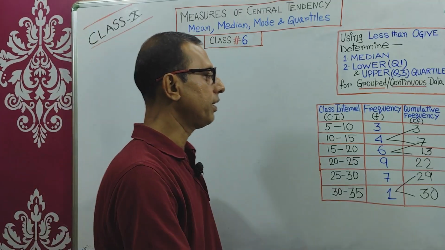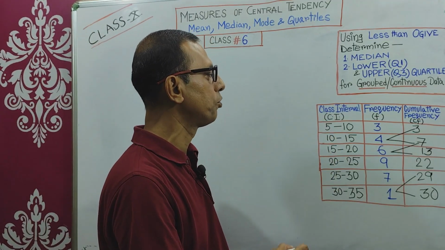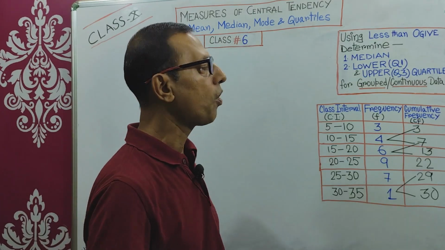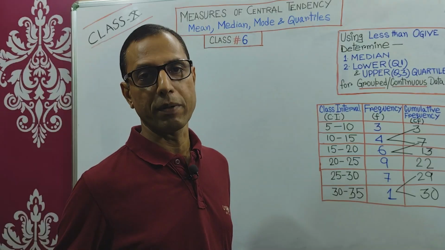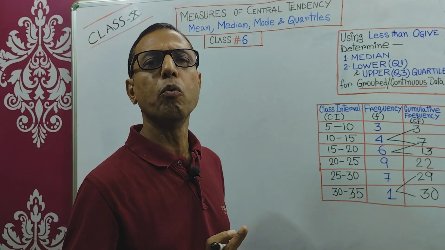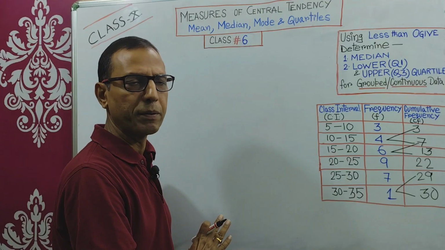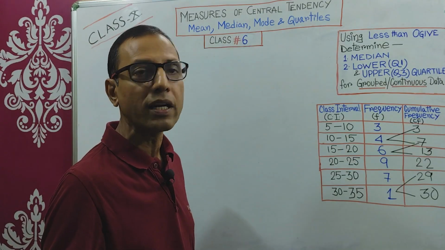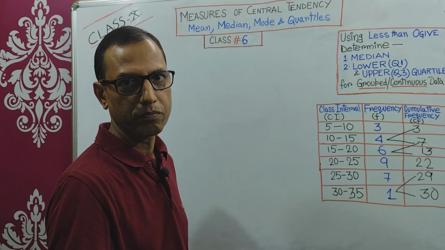So what actually does it mean? When you go for less than ogive, what you need to do? You are supposed to draw it on graph paper. There you will get the more or less exact value, but here in the class I am not going to use graph paper. I will show you exactly how to do that, and accordingly you will plot the data on the graph paper.